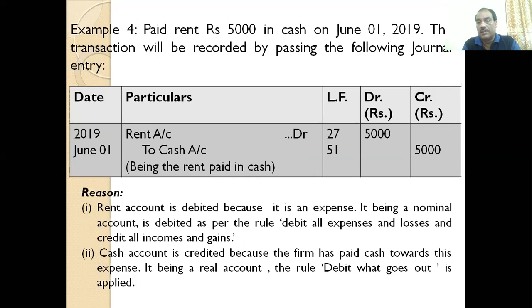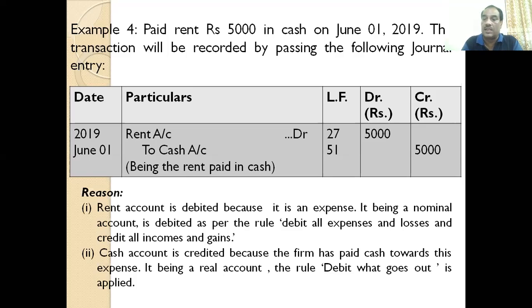Rent is an expense for the business. So the rent account is debited, following the rules of debit and credit. Remember, rent is a nominal account, and for a nominal account the rule is debit all expenses and losses and credit all incomes and gains. Here it is an expense.